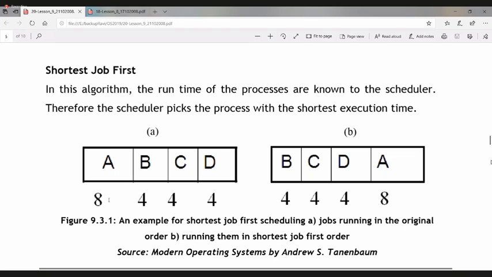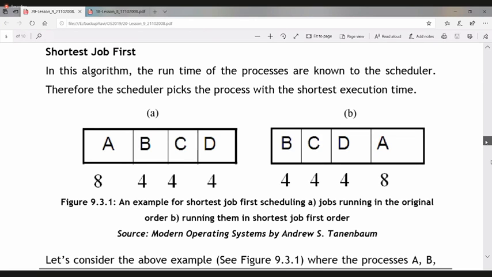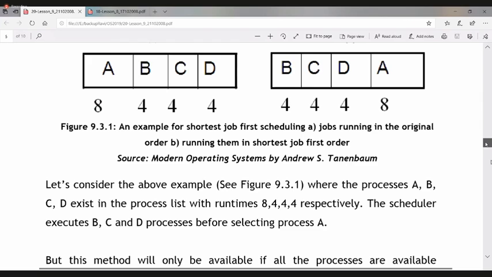The longest one you put at the end. So you give the chance to B first, then C, then D, and later A. This is different from first come, first served. You sort them in the order of time duration required. That is another algorithm.